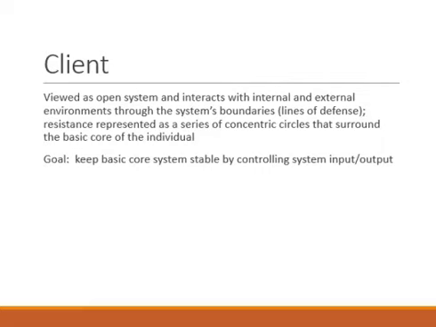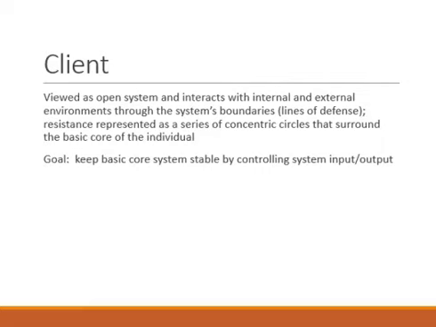So Newman classifies these defensive boundaries according to their various functions. The internal lines of resistance are the boundaries that are the closest to the basic core and thus protect the basic internal structure of the system. So the normal lines of defense are outside the internal lines of resistance.